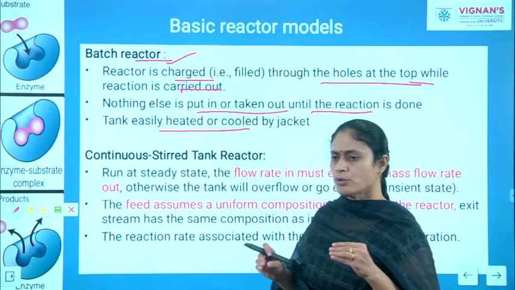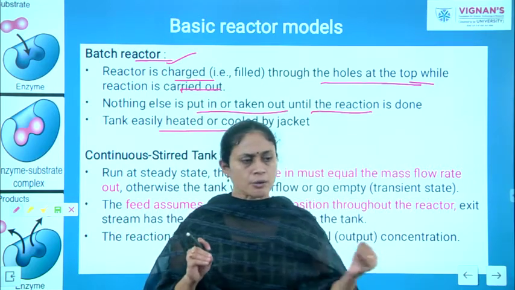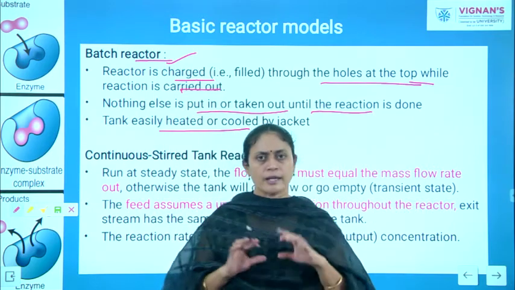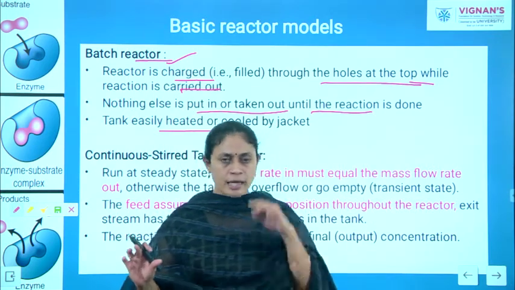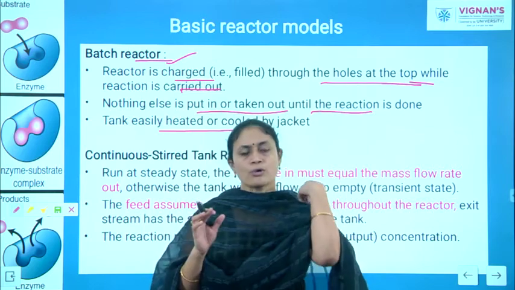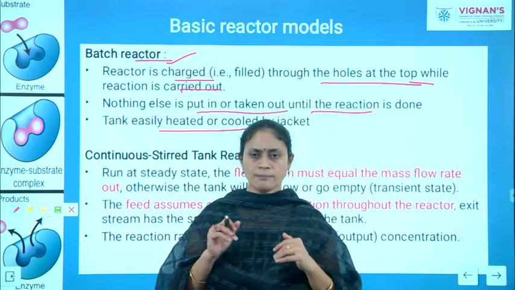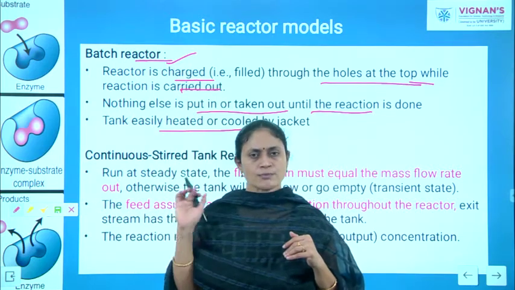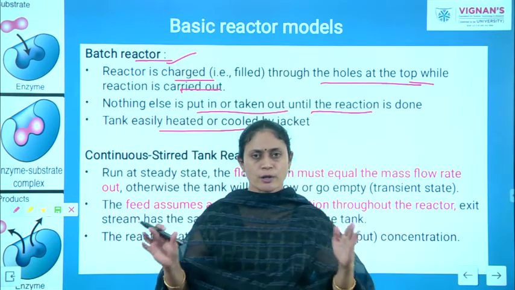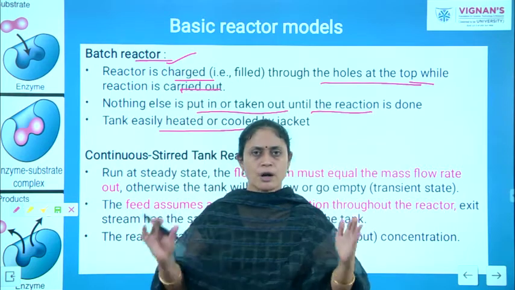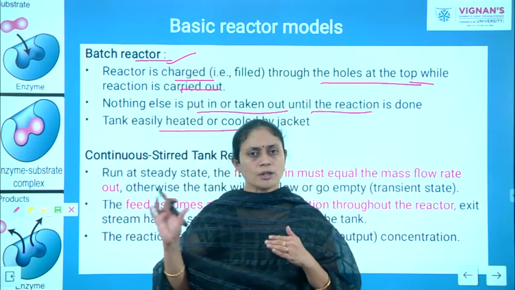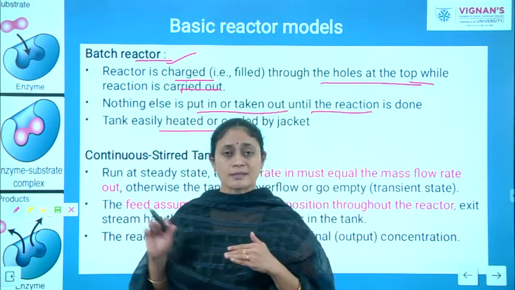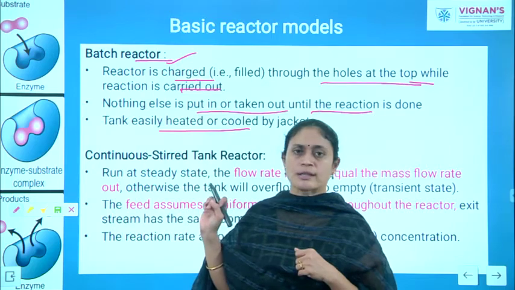That means you have to bear in mind that you are adding your substrate and enzyme once and you are not disturbing your reactor till the incubation time or the optimum time. When you think that the reaction ceases and your product is formed, you stop your reaction process, you halt your reactor, and then you separate your product only once. This is the case of the batch reactor.